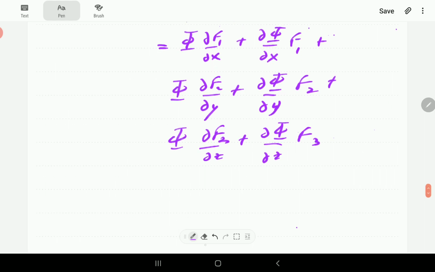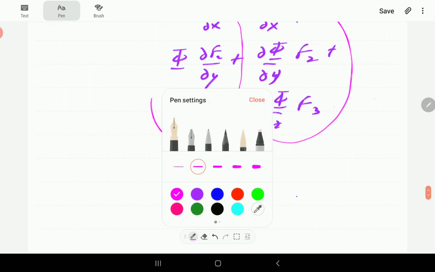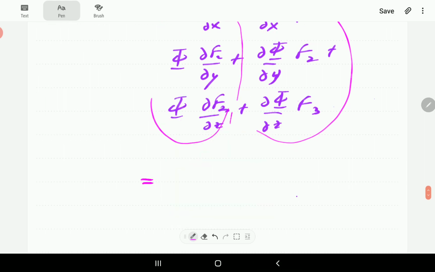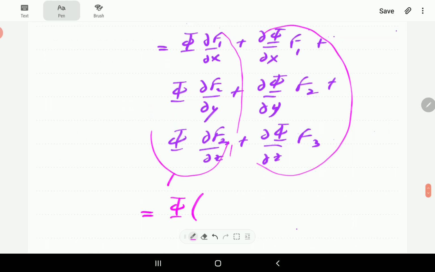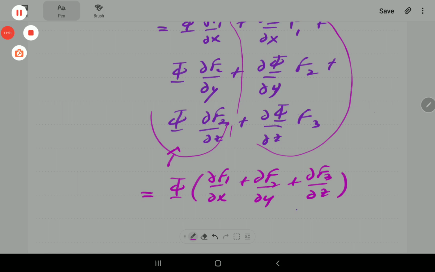Now, if we collect terms, so if we want to bring these terms together and these terms together, this is going to give us the following. We can factor out phi from this group of terms. Then we're going to have partial f1 partial x plus partial f2 partial y plus partial f3 partial z.